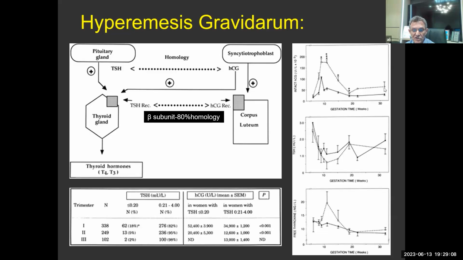You don't need beta-HCG anymore because the placenta doesn't need to produce it, and the very high levels drop off. And so you see the TSH being suppressed because of the beta-HCG, and then as the beta-HCG drops off, the TSH goes into the normal range, and while the TSH is suppressed, the T4 goes up.